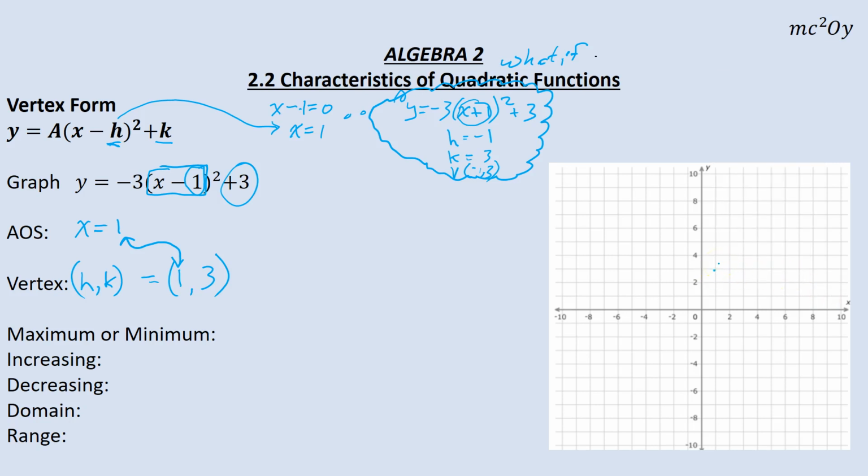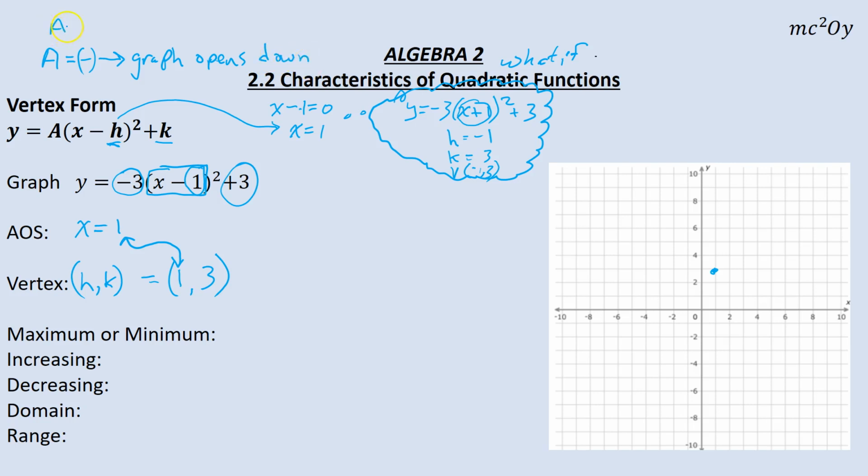Having some major problems trying to graph today. There we go, 1 and 3. In this case, notice my a term is negative. When a is negative, the graph opens down.